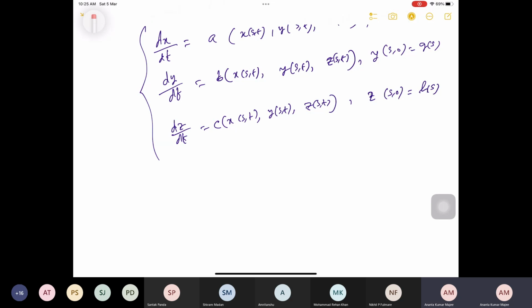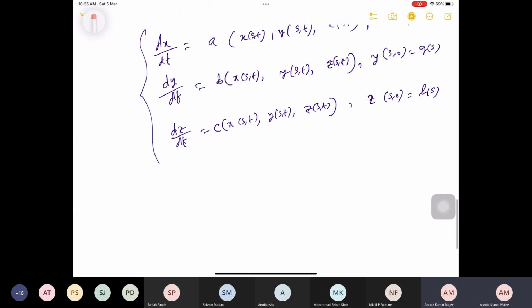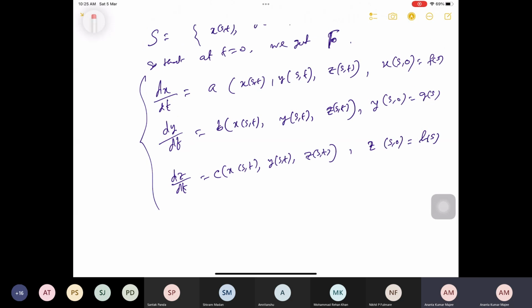Okay, and this curve which we are getting from here is called the characteristic curve. So to find the solution to your given quasi-linear PDE, we reduce it to a system of ODE, which we can solve along this curve. So this curve is called the characteristic curve.